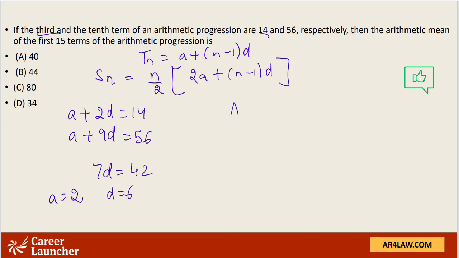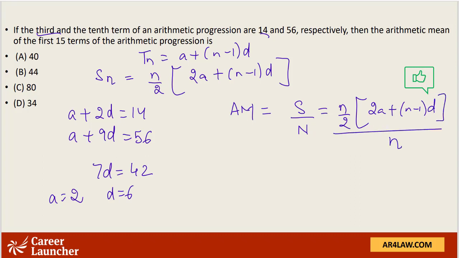The arithmetic mean is found out by sum of observations upon number of observations. Here sum would mean the sum of the first 15 terms, for which we will use the formula for sum. So n by 2, (2a plus (n minus 1)d), and this has to be divided by n because the sum has to be divided by the number of observations.